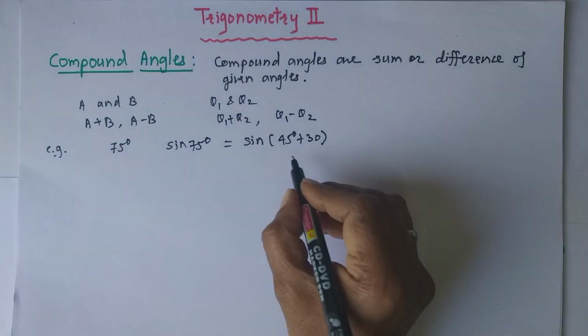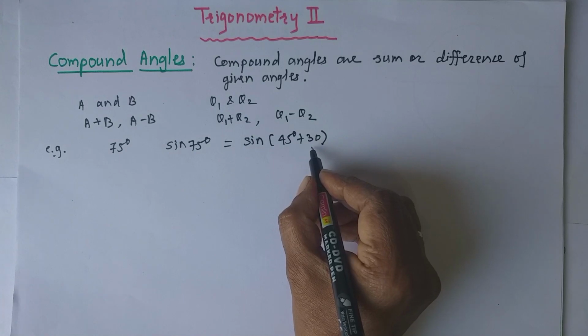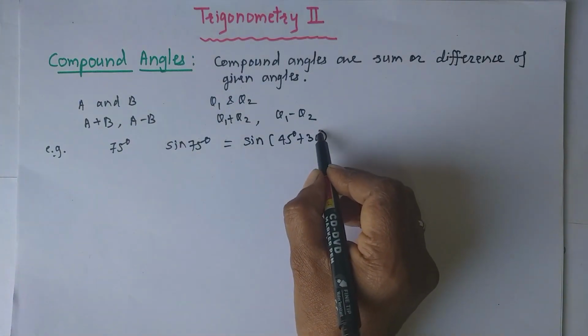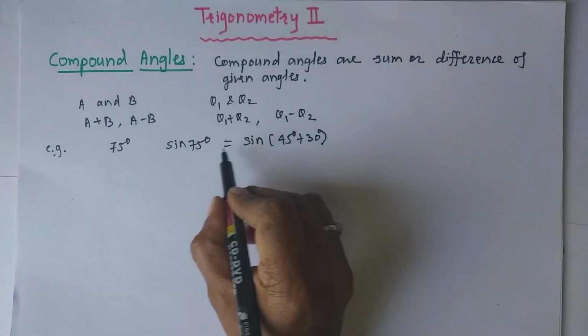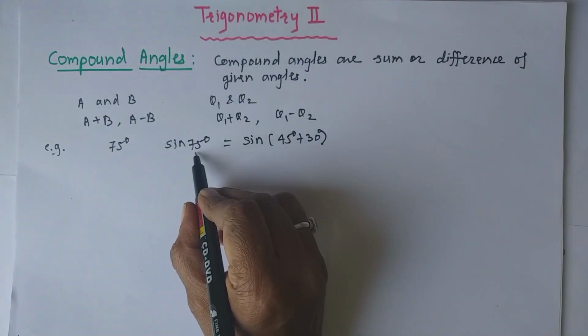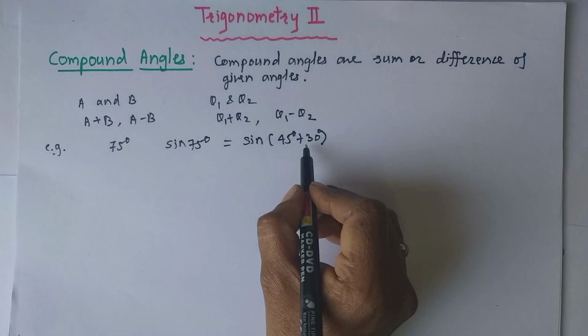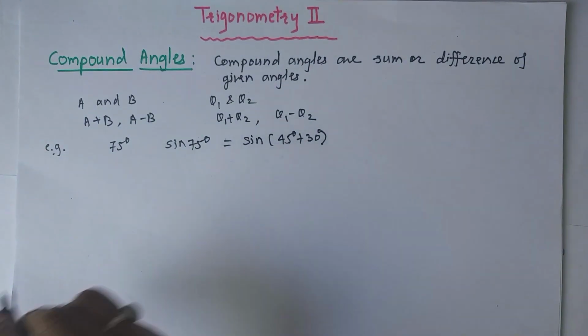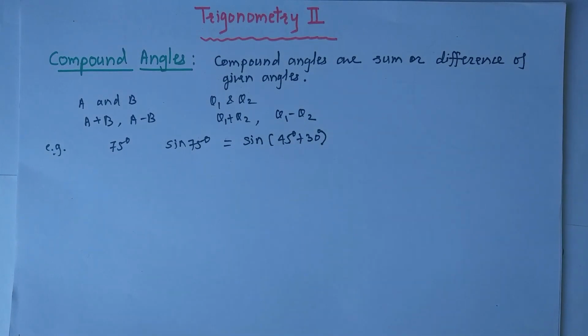Means we are taking sum of these two angles, and in the table we know the value of 45 degree and 30 degree, so we are able to find the value of sine 75 degree using the table.